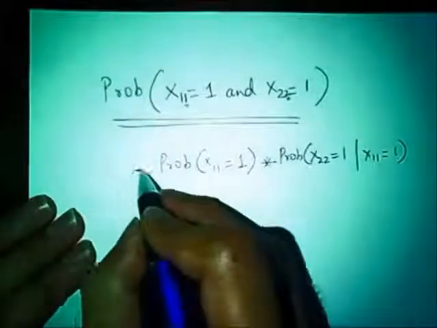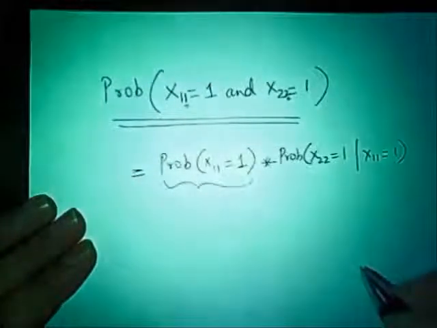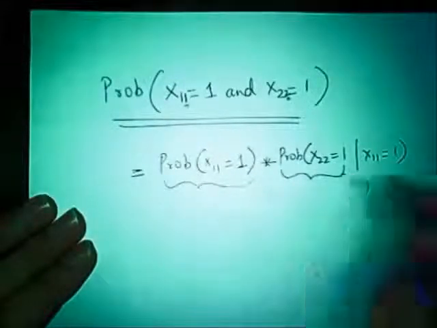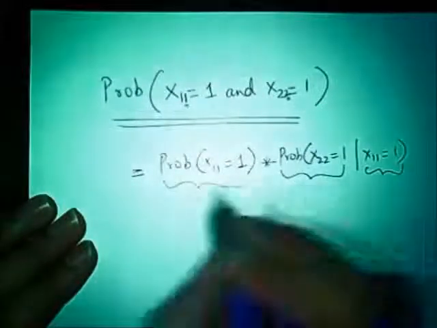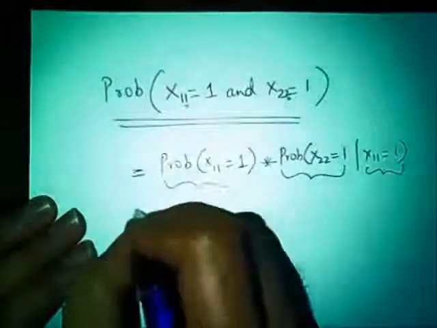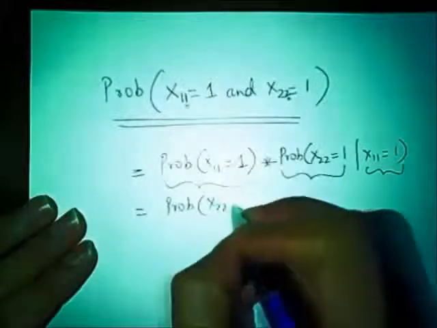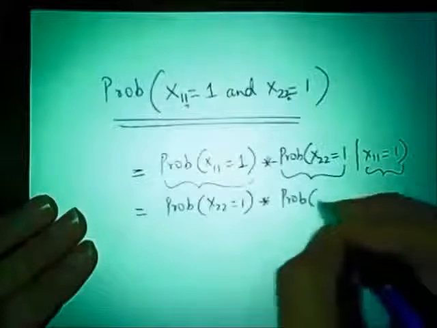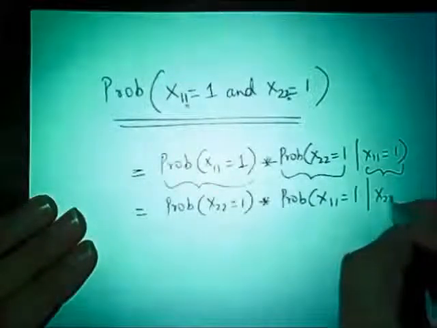So you can think of it intuitively as assuming that this happened first, and then you want to calculate the probability that x22 would be 1, given that x11 already happened. So this together would give you the joint probability. As you can see, this is also equal to probability that x22 is 1 multiplied by the probability that x11 would be 1, given that x22 equals 1.